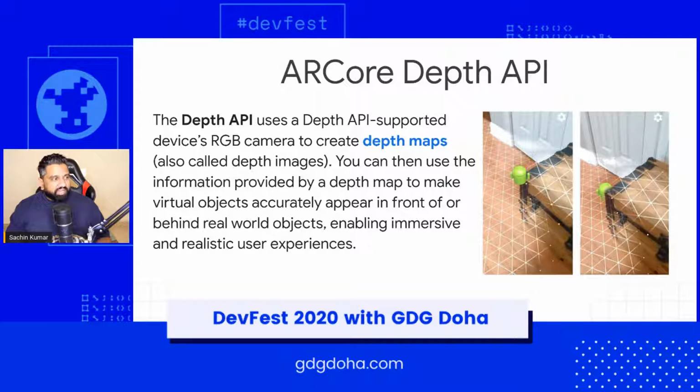Now, the next major breakthrough in terms of this whole experience is Depth API. So before, when I started building augmented reality applications back in 2011, you could always place 3D models that you see over here. You can always place it anywhere in the space.